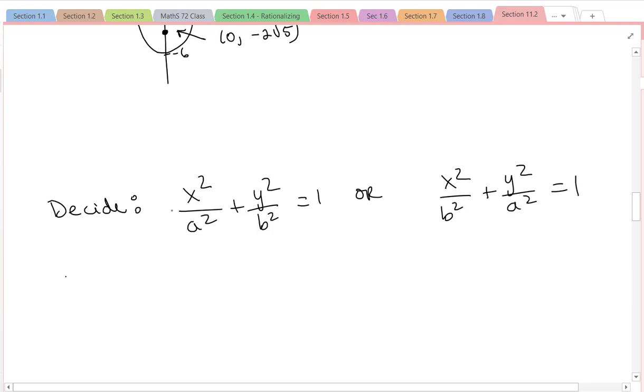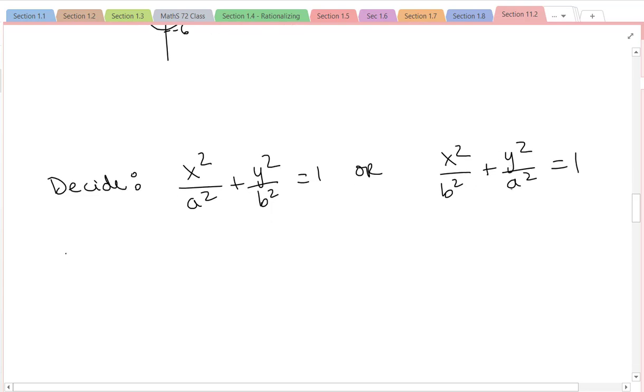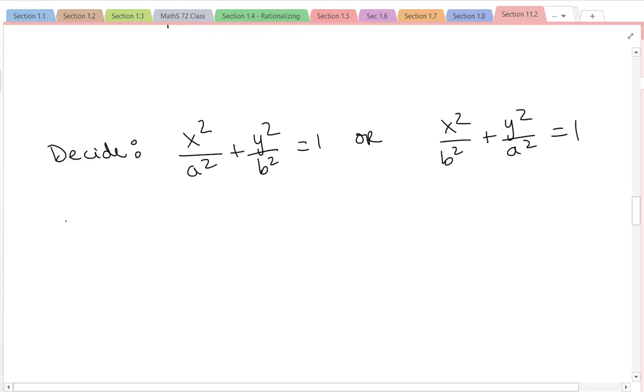Essentially, do you have a major axis horizontal or a major axis vertical? So we need to know these two equations. The other thing that we're using quite a bit is c squared equals a squared minus b squared. And the eccentricity is the ratio c over a.